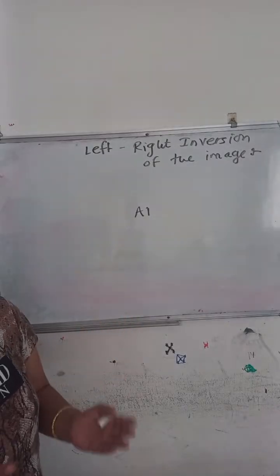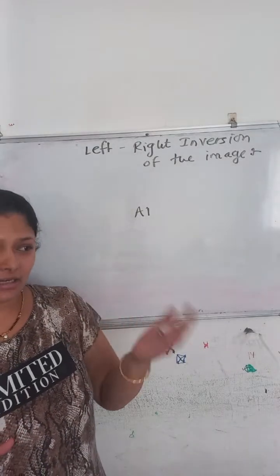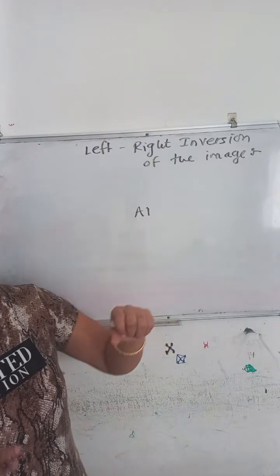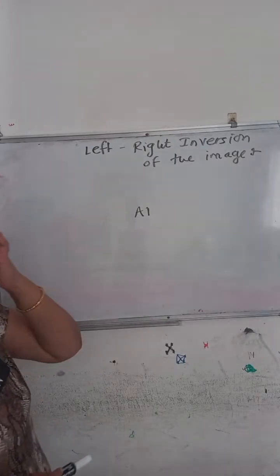So if I write in laterally inverted form, then the image again forms laterally inverted, that effect gets nullified and we can read ambulance properly.